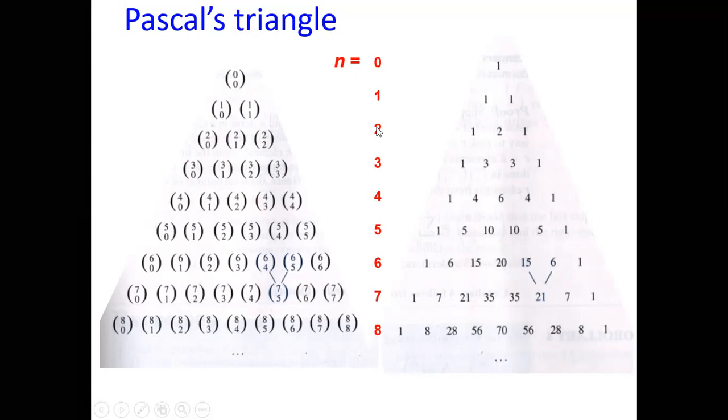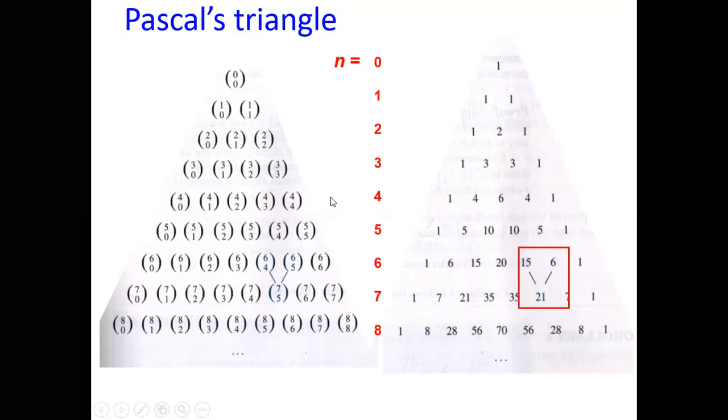If you have two terms, n equal 2, squared, we have three terms: x squared plus 2xy plus y squared. Okay? How to get it? From this triangle. Combination of the same equation: C(2,0), C(2,1), C(2,2). Values 1, 2, 1. And so on, and so on. It gives us a triangle here.